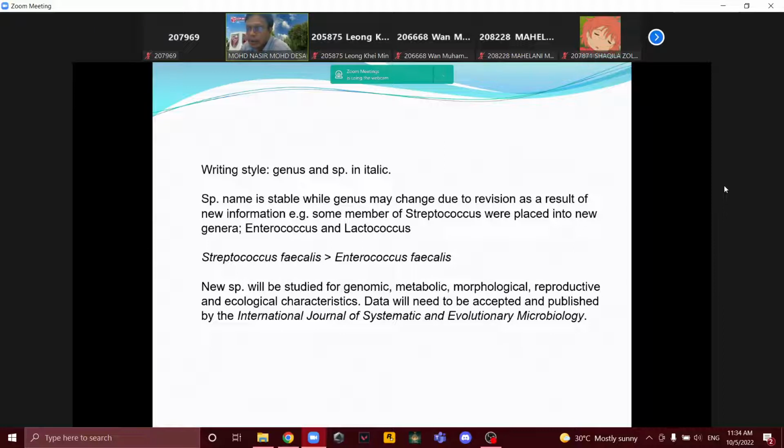When we compare the genomes of these different serotypes, they're all Streptococcus pneumoniae, and they share at least 70% similarity in terms of their genomic contents. We make it a criterion.